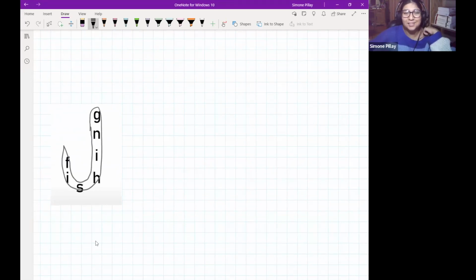Fishing hook. Shady is good at this. It is a fishing hook, because it's fishing in the shape of a hook.